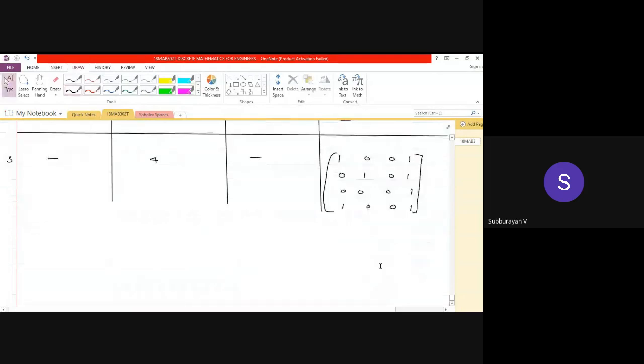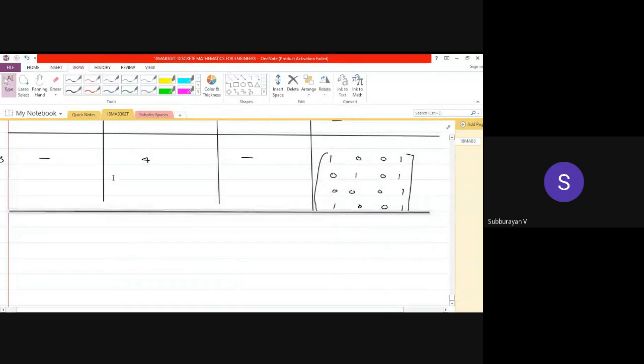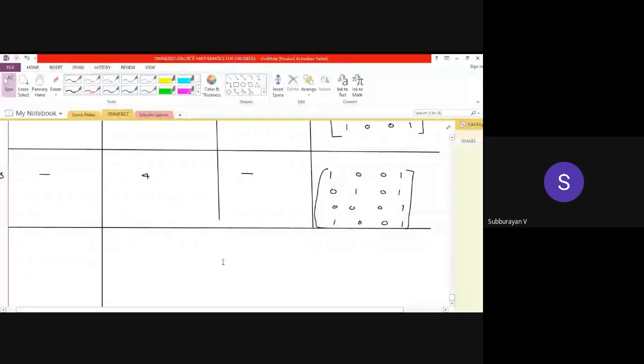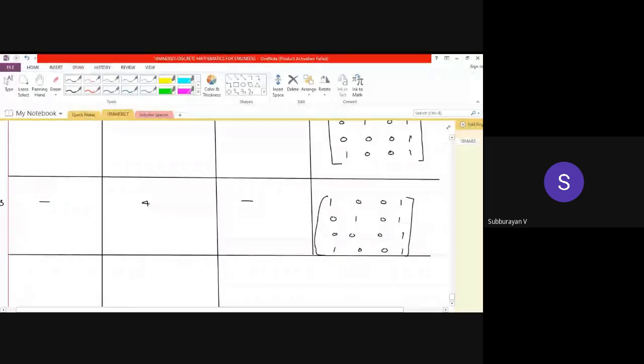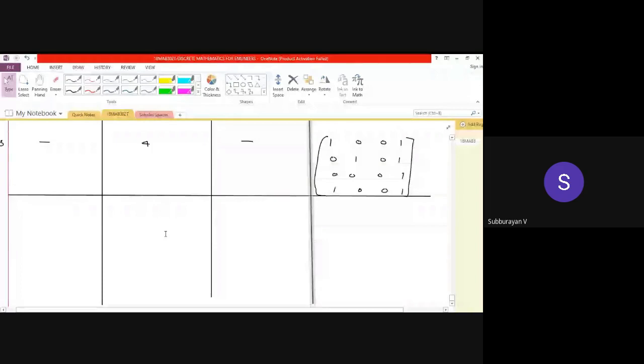Then come to step number 4. The fourth column, 1, 2, 3, 4, right, and the fourth row: (1,4).